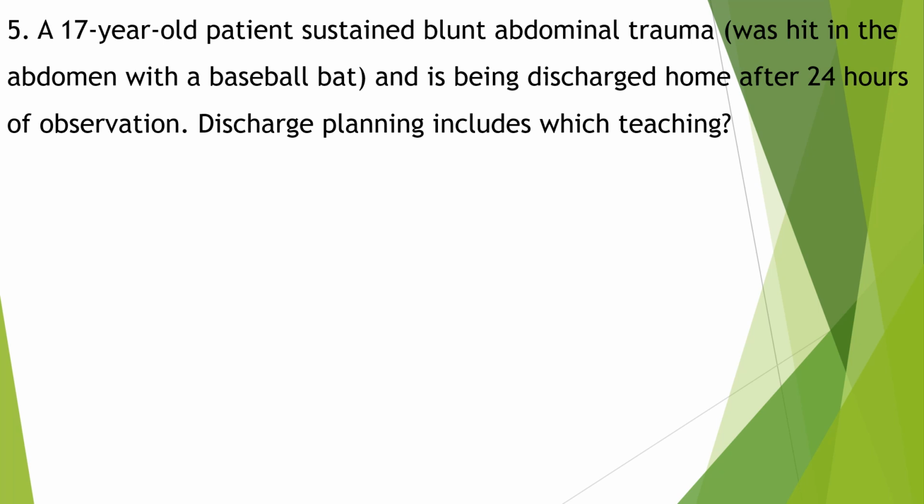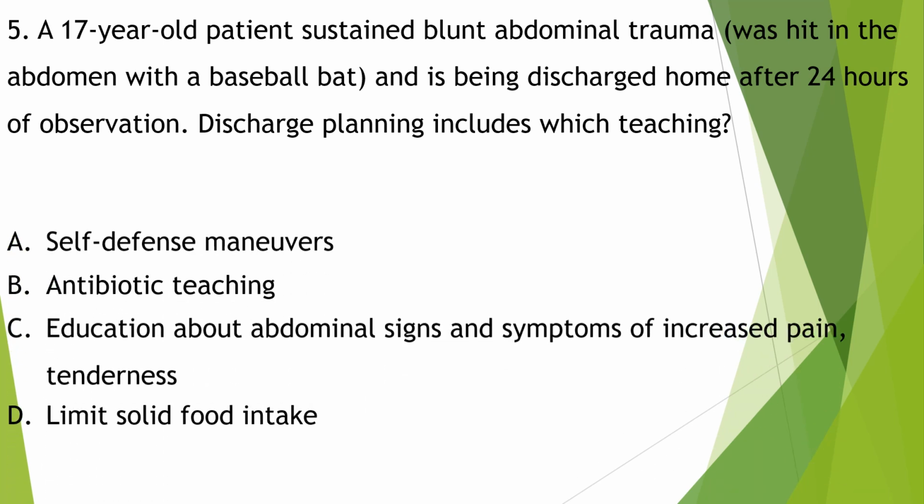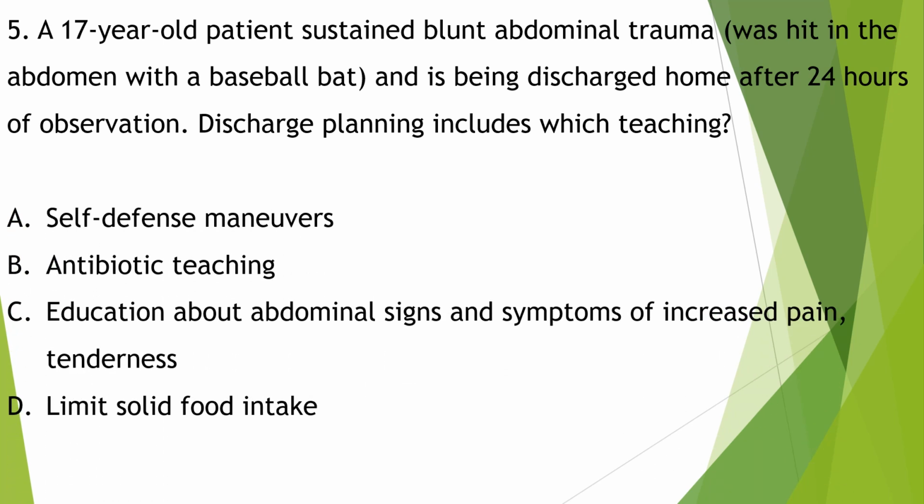A 17-year-old patient sustained blunt abdominal trauma, was hit in the abdomen with a baseball bat, and is being discharged home after 24 hours of observation. Discharge planning includes which teaching? Defense maneuvers, antibiotic teaching, education about abdominal signs and symptoms of increased pain, tenderness, limit solid food intake.